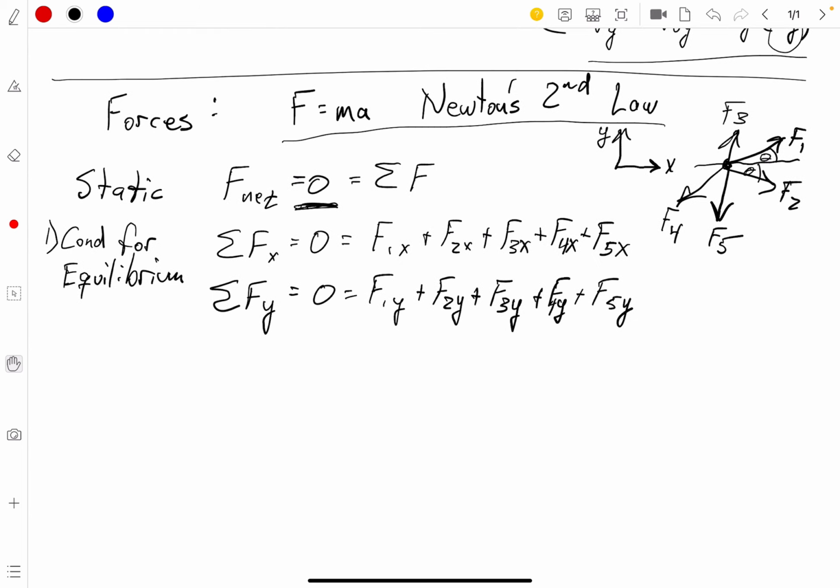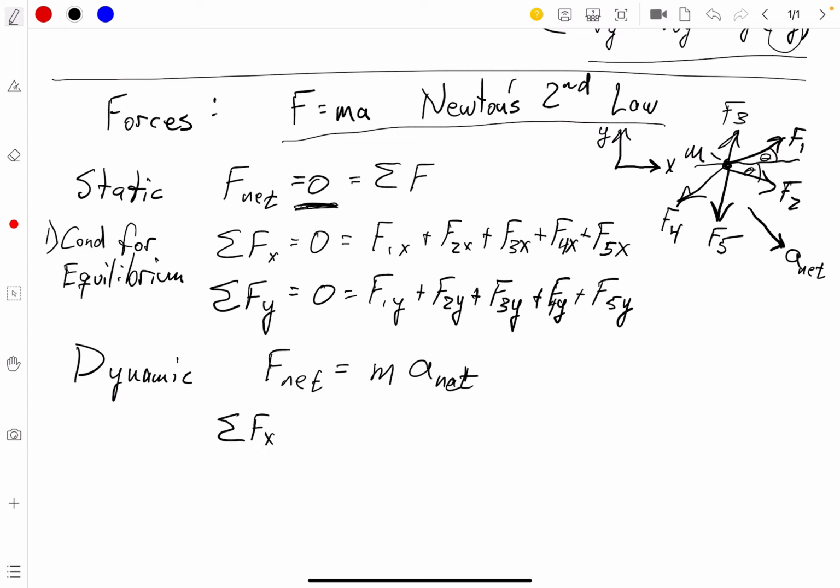All right, so what do we have next? Next, we would have a dynamic situation where our F net is not equal to 0. It's the mass, whatever the mass of the object is, times the net acceleration. And it'll have an acceleration. So all those forces add up to some movement where the actual thing moves, okay? Then it's a different story.